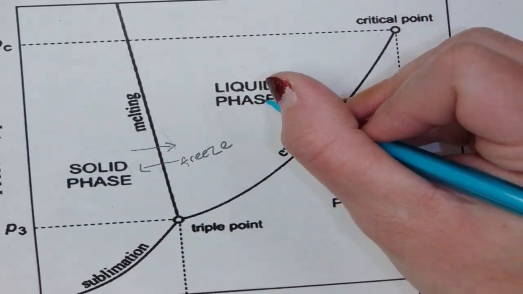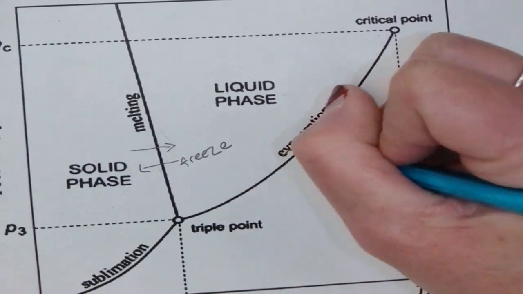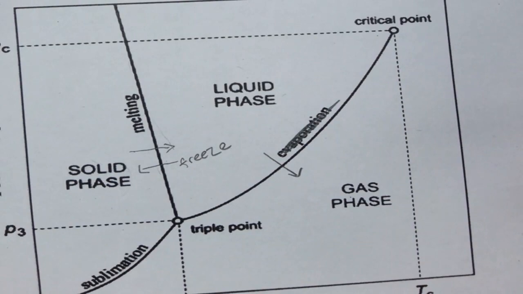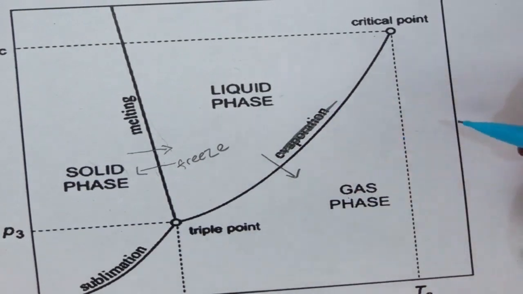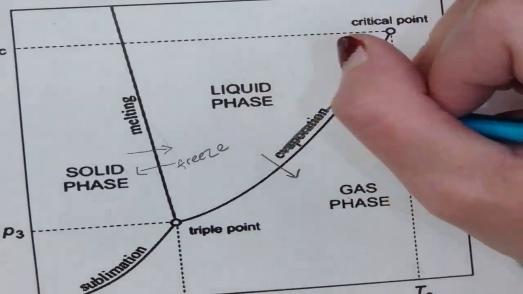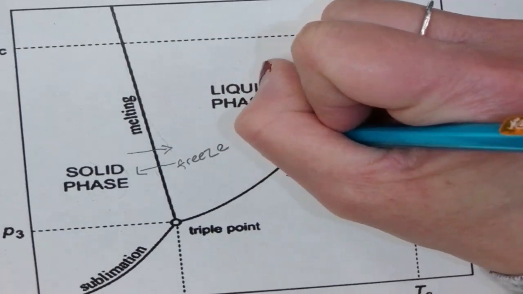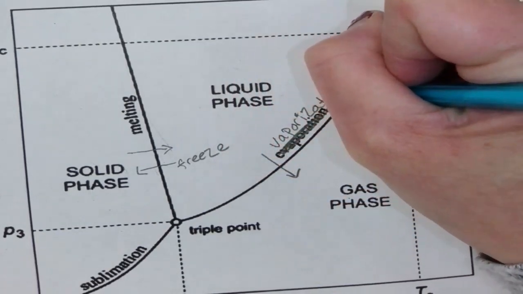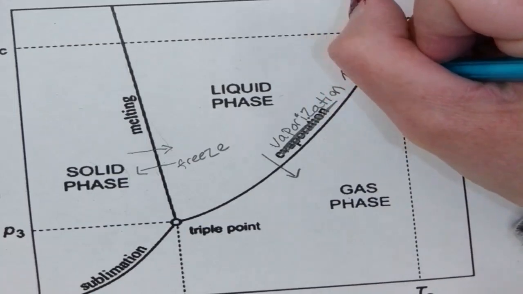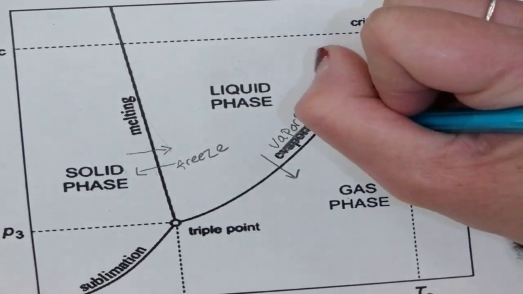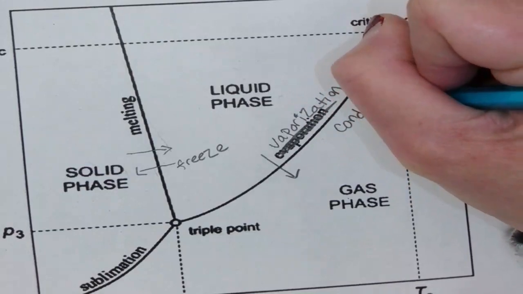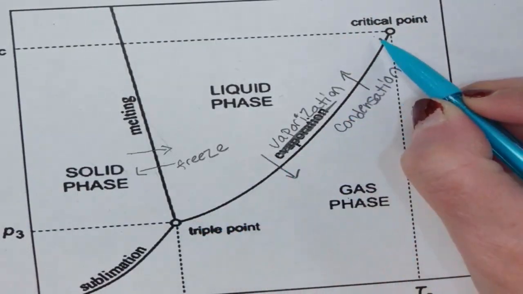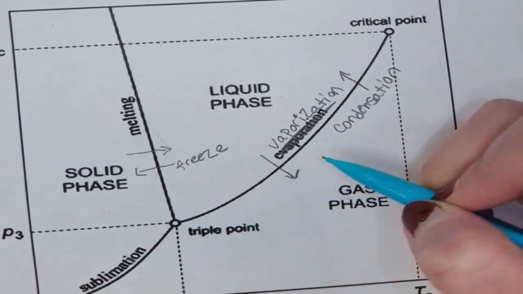As I go from a liquid to a gas, we say that we are undergoing vaporization. And as I go from a gas to a liquid, that is condensation. So this line represents vaporization and condensation.